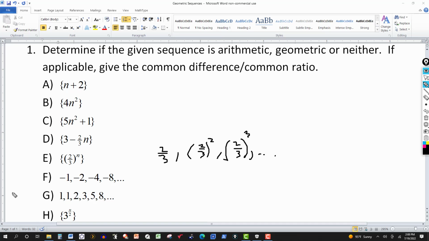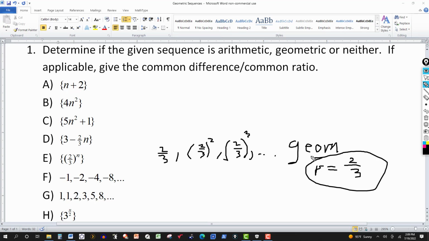And so on. So you can see here I get 2/3 and then 2/3 squared and then 2/3 to the third. So from the first term to get the next one, I multiply by 2/3. To get the next one, I multiply by 2/3. So this one is geometric, common ratio 2/3.